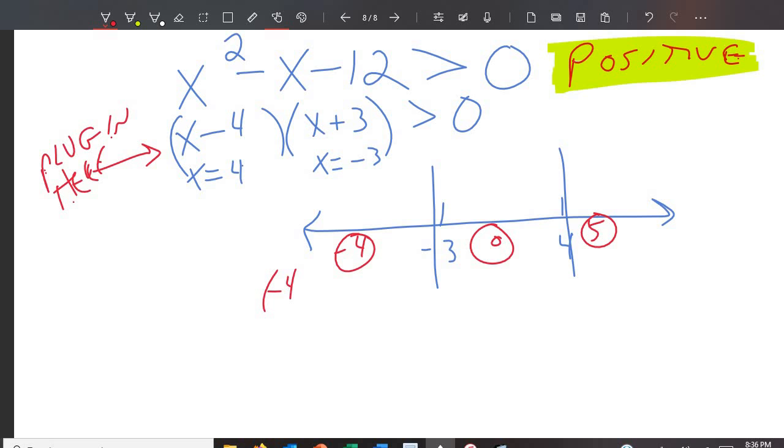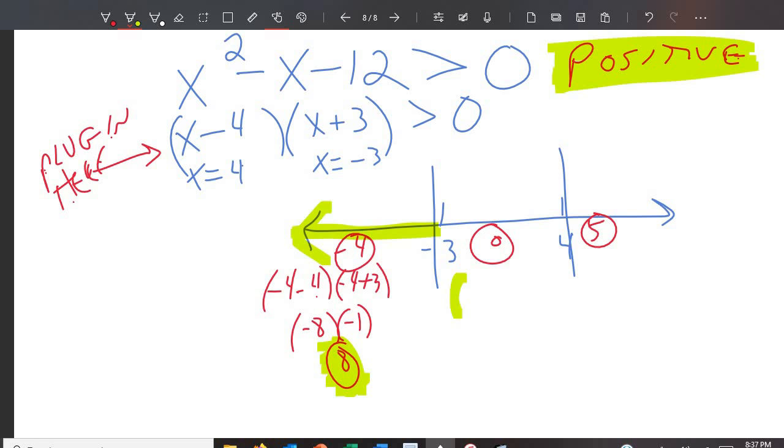We'll have negative 4 minus 4, negative 4 plus 3. We'll get negative 8 times negative 1, which is positive 8. Well, okay, that's what we wanted, right? So we're going to shade this region.